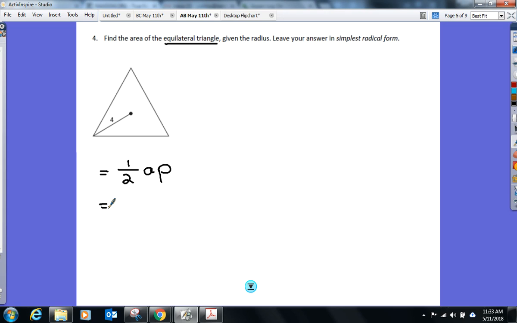All right, let's start. Let's draw our apothem in. Okay, I know that forms a right angle when I draw it down because the apothem is perpendicular. Do I know any other angles?